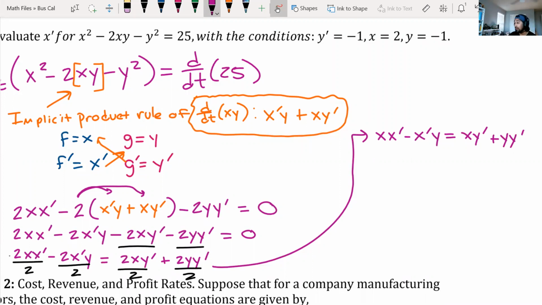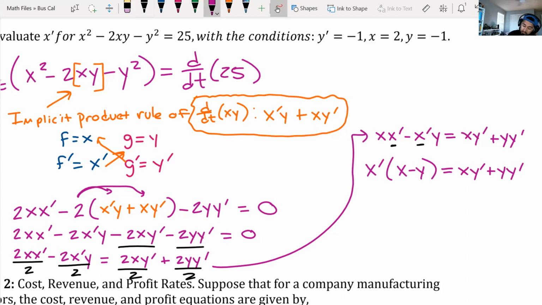Okay. And now we are still solving for x prime. So if you look at your left side, we have a greatest common factor of x prime. So what can I do with that? Factor it out. X prime factored out would leave me with x minus y equal to xy prime plus yy prime.